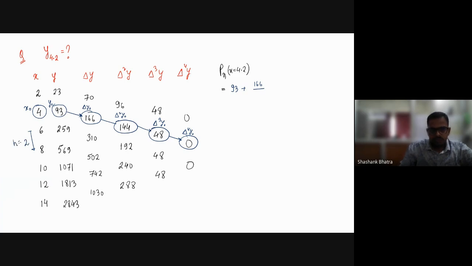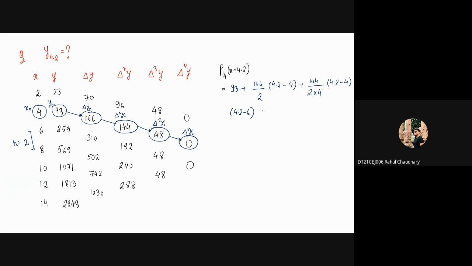So it will be 2 times (4.2 minus x naught, which is 4), plus delta 2 y naught upon 2 factorial into h square, times (4.2 minus 4)(4.2 minus 6).